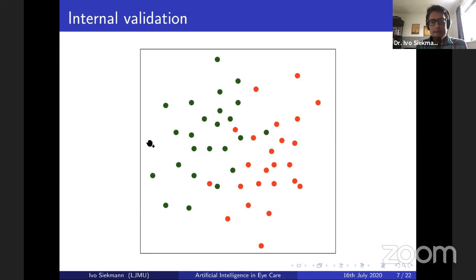So let's say that our data that we looked at looks like this. So we have green points that are healthy patients, and we have red points that are sick patients, and we try to separate green and red points. And we do this in this example by drawing a line between the red and the green points.